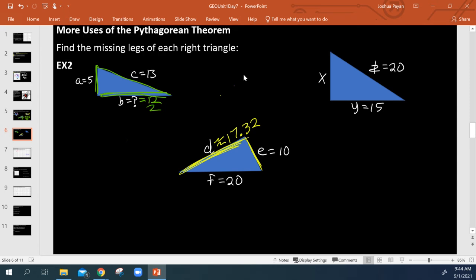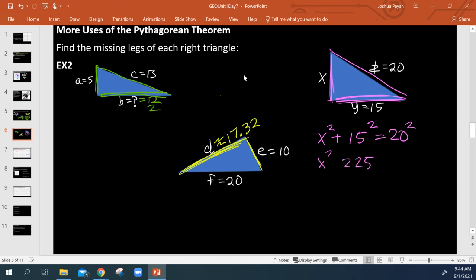Okay, running out of colors here. So leg squared plus leg squared, x squared plus 15 squared equals hypotenuse squared. Okay, so 15 squared, that's 225, x squared, unknown, is equal to 400. 400 minus 225, that's going to be 175.